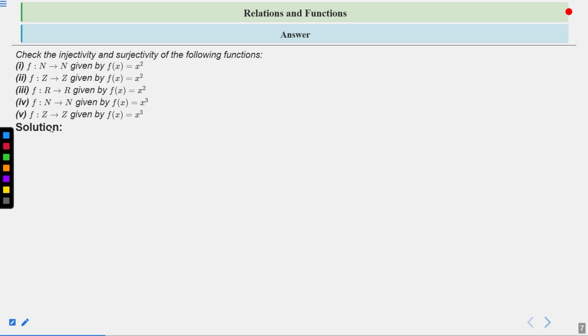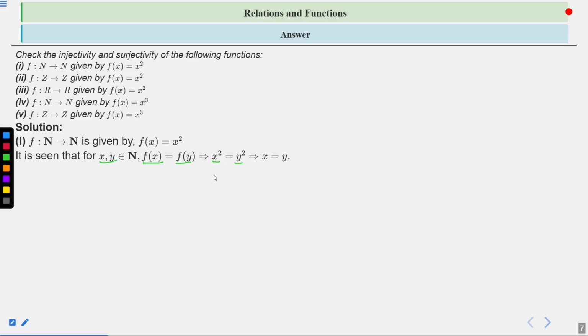Solution. Starting with the first function, defined from the set of naturals to the set of naturals, f(x) = x square. We can easily see that if you pick any two elements from the domain and start with f(x) = f(y), then we simply have x square = y square.